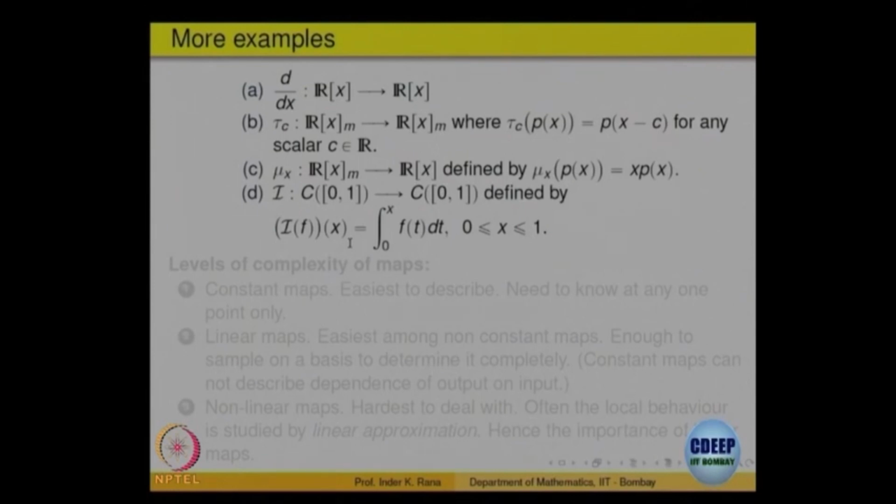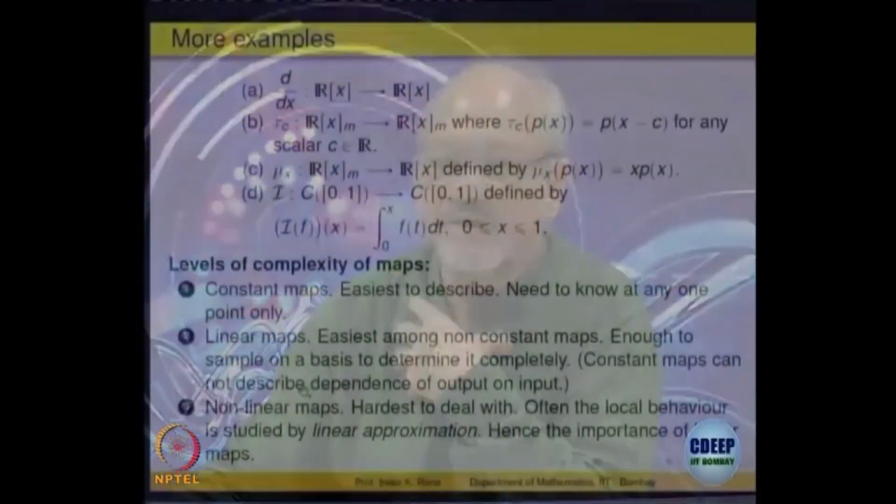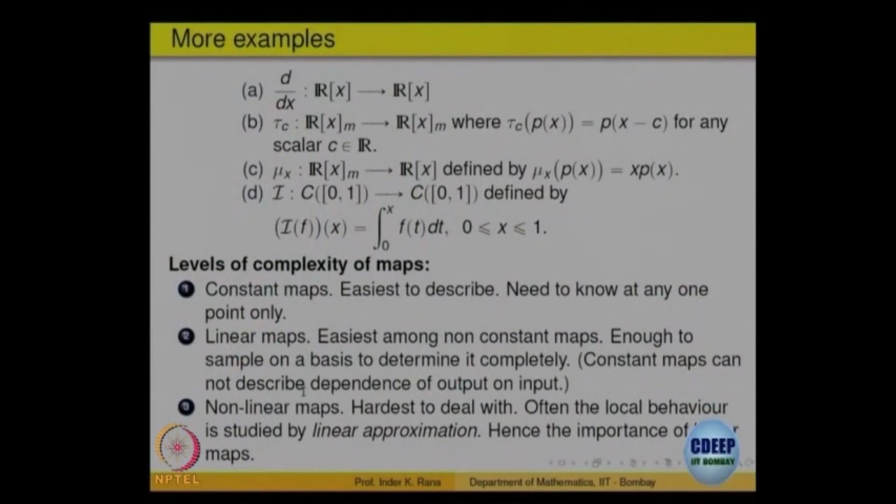Okay. Now, just wanted to say a few things. Constant maps are the easiest ones to handle, right? Nothing changes, everything goes to a constant. Next, what are the easiest ones? Constant plus x, linear maps. So, linear maps are the next which are easiest to handle, and the next one are the non-linear ones which are most difficult to handle.